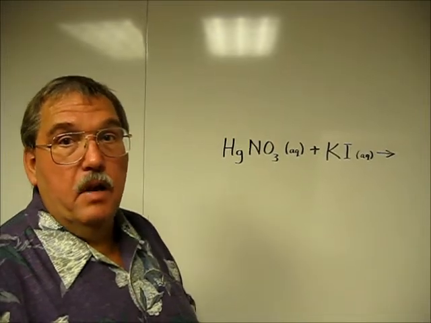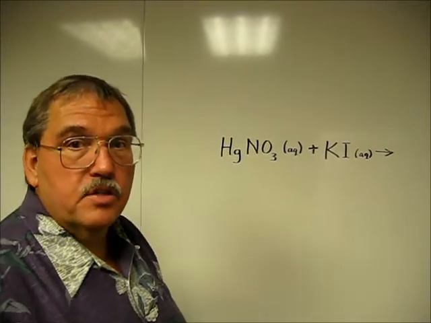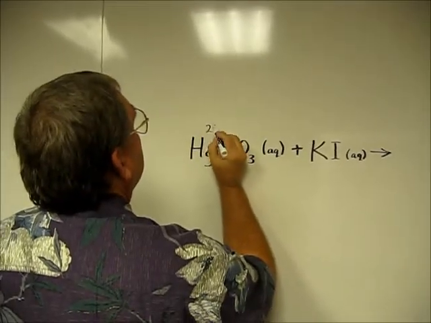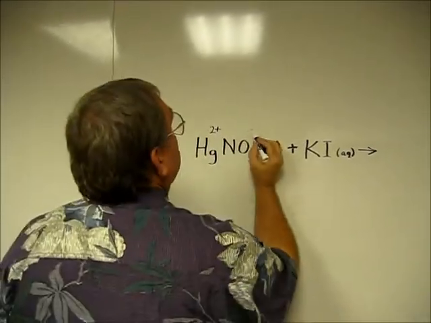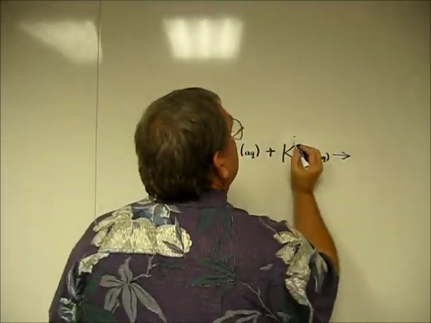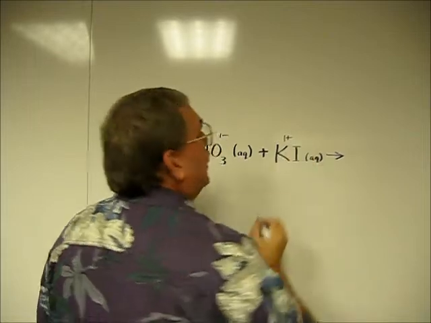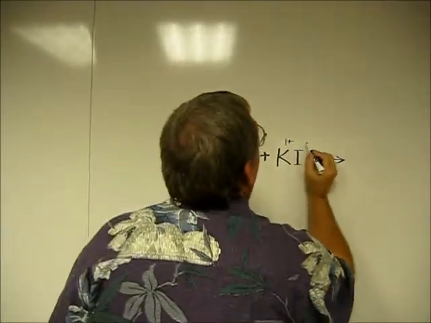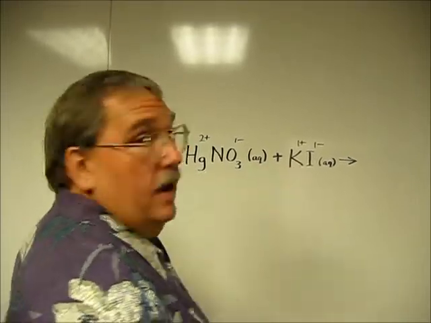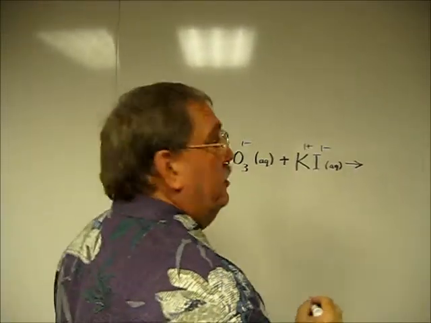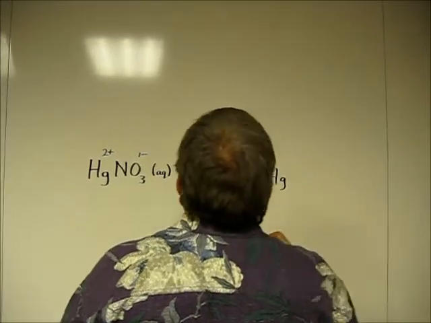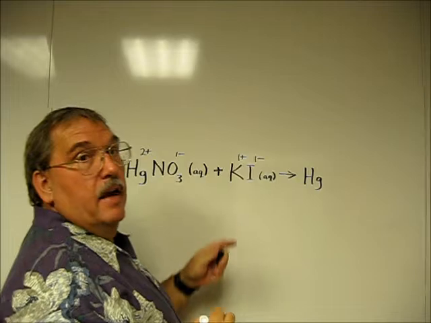However, since we've accounted for the charges in the reactants, let's go ahead and add those in. With mercury, so it's a 2+ charge, the nitrate ion, a 1- charge, the potassium cation, a 1+ charge, and the iodide anion, a 1- charge. We'll now exchange the cations and anions. We'll start with mercury. The cation we will exchange with the iodide anion.